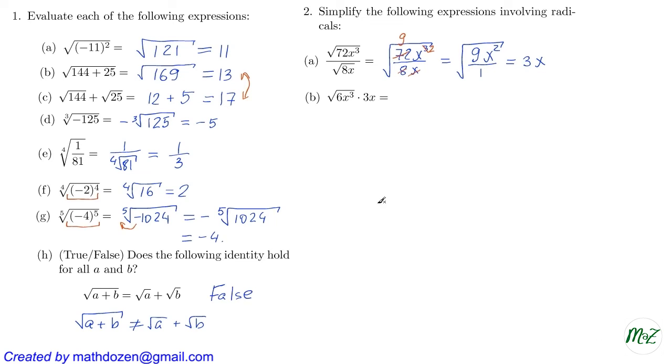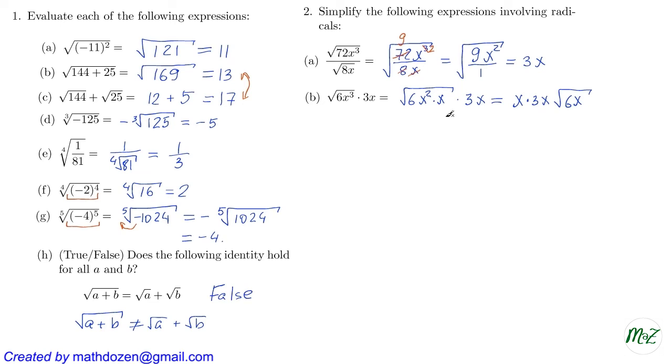In the next problem we have the square root of 6x cubed times 3x. So we cannot do the square root of 6 right away, and we cannot do the square root of x cubed right away. But what we can do, we can split x cubed into x squared times x. And then we would be able to do the square root of x squared.